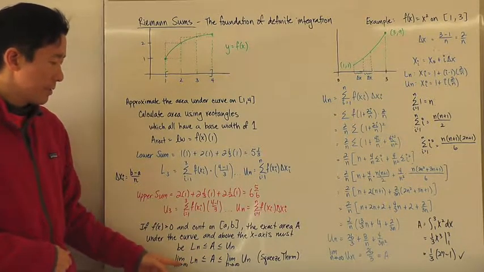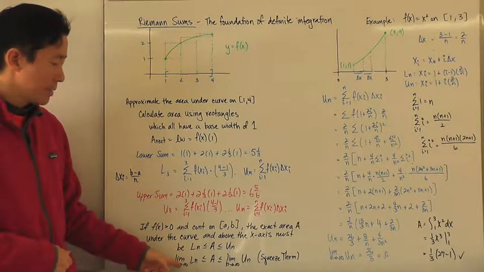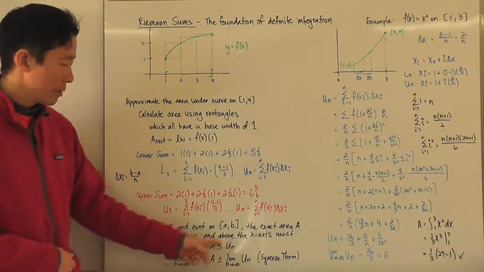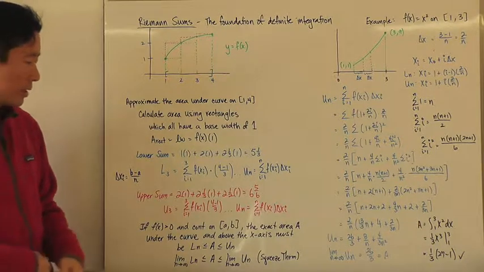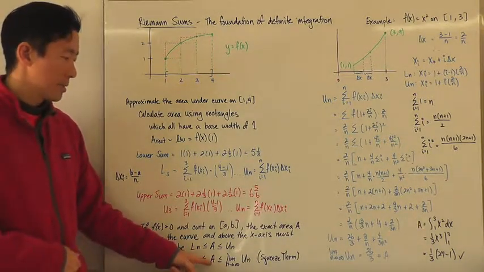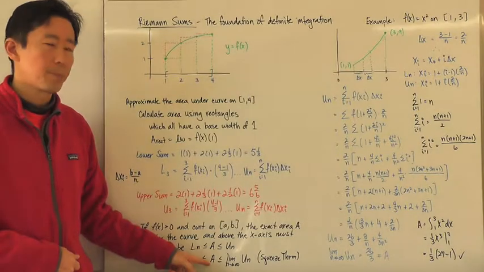Then by the squeeze theorem, if I take the limit as n approaches infinity of all 3 parts here, it's going to converge to the actual area.